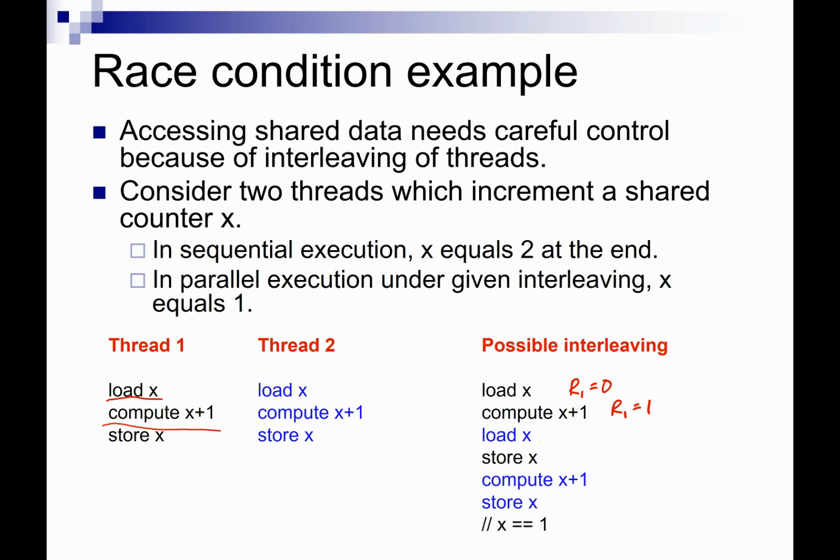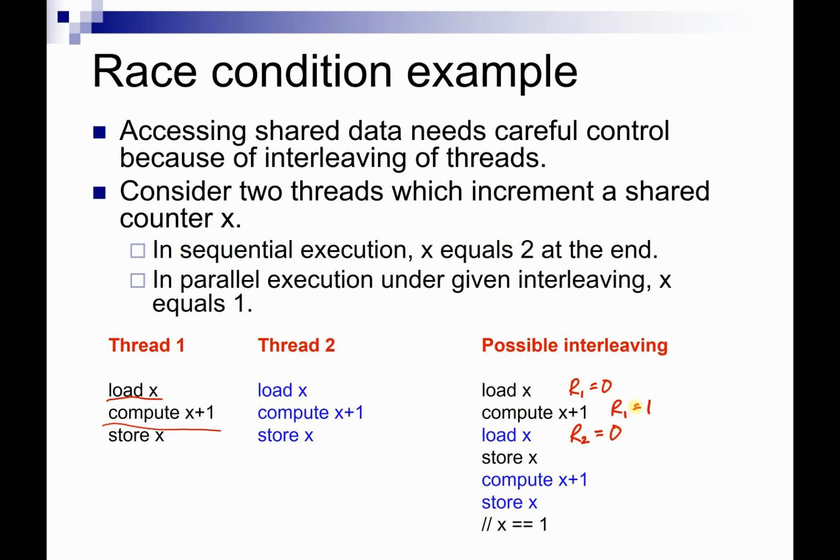Okay, so then now thread 2 is going to load x into its register, R2, right? At this point, x is still equal to 0 in the memory, because what thread 1 has done is just to increment the value of x in thread 1's register. In the memory, x is still 0. So therefore, when thread 2 loads x, it's going to set its register to be equal to 0.